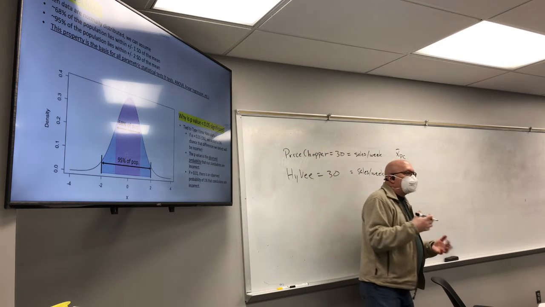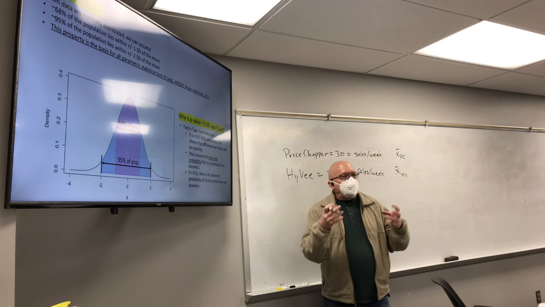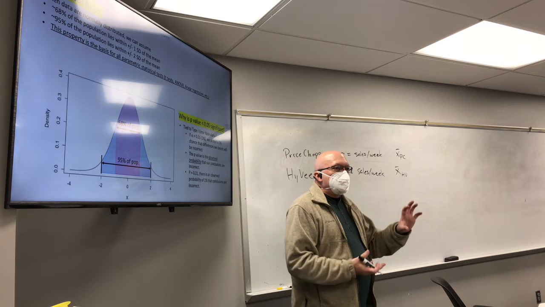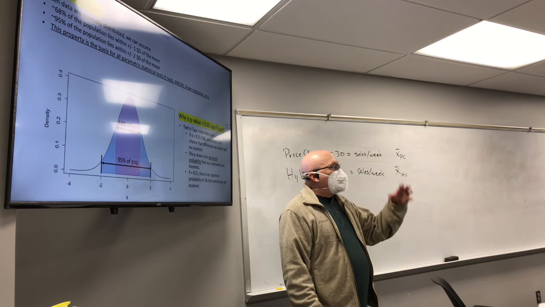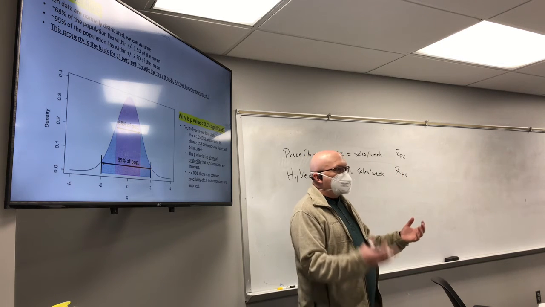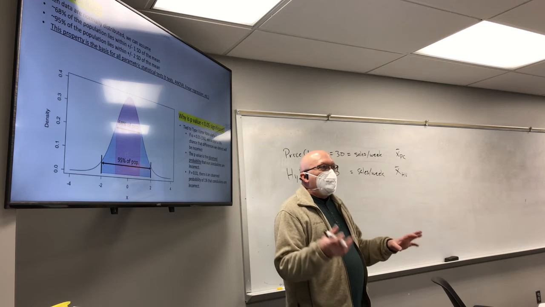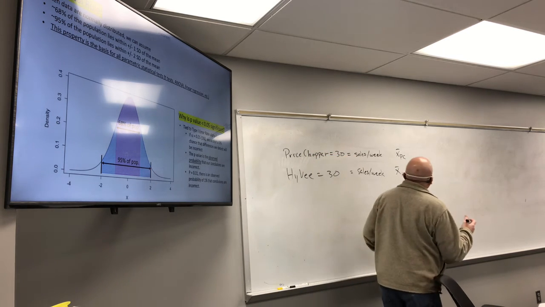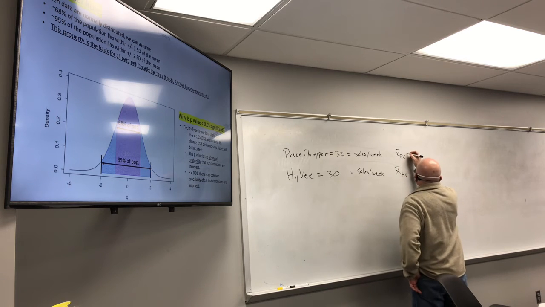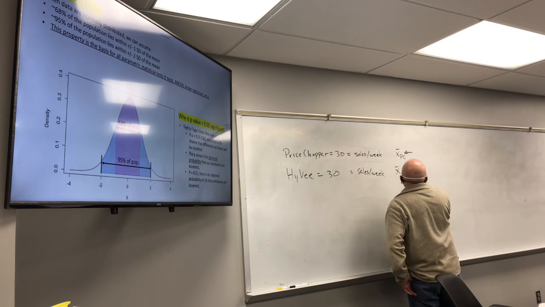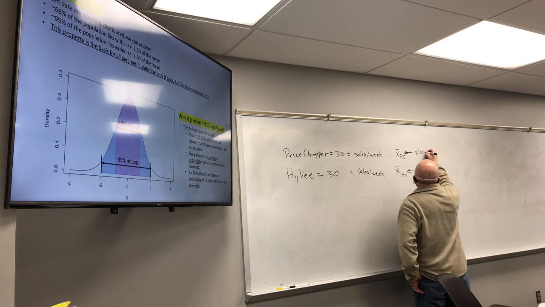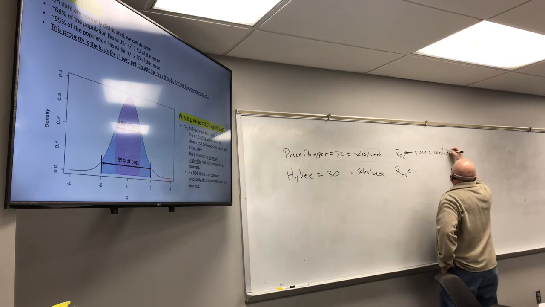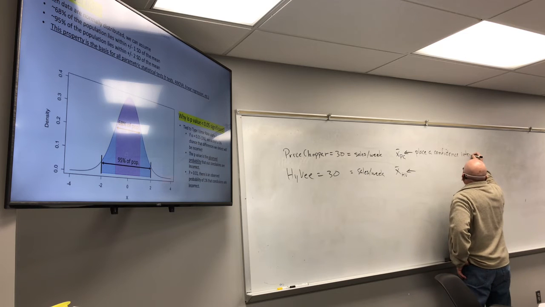So they're going to be different, but the question is not are they different numerically, but are they different enough that we can say that Price Chopper sells more or less than Hy-Vee does. That's where statistical inference comes in. So how do we do that? Well, we get the sample mean, but then we place a confidence interval around those estimates.